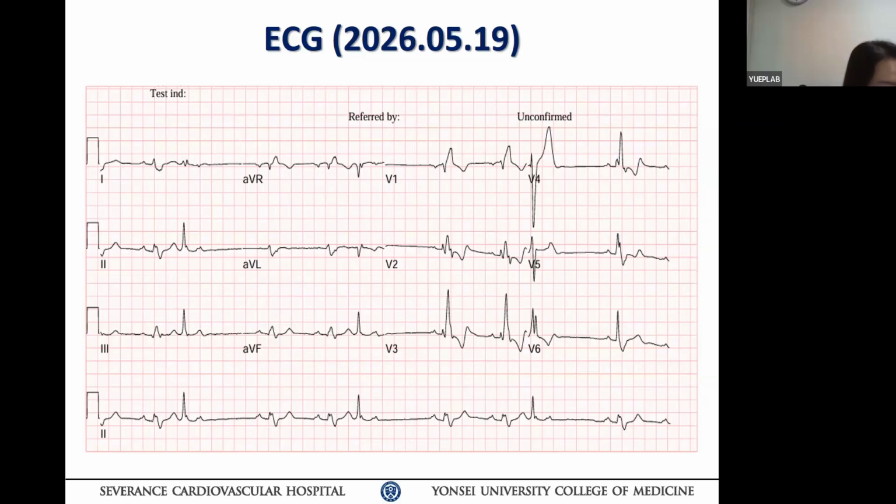On V2, if I look at the morphology of the P wave, there is a kind of notch. So I mean, the atrium is kind of big, I guess. So I can catch that morphology of the P wave. Okay, I'm done. Thank you.